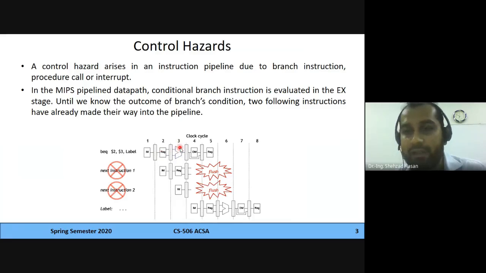The adder which was calculating the branch target address in the execution stage, we can move from the execution stage into the decode stage.